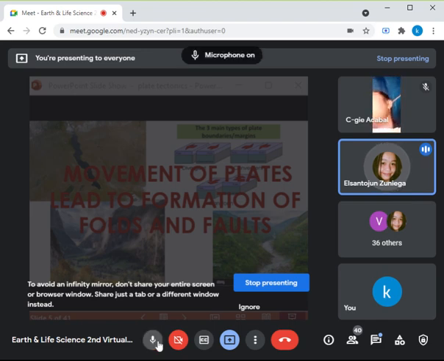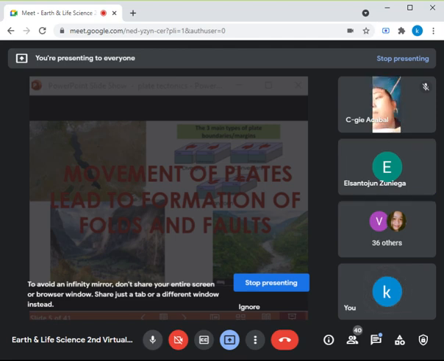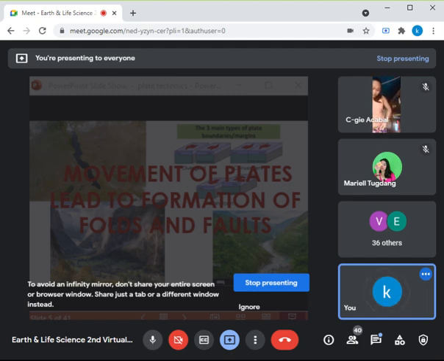Yes, kindly read our topic. Okay, so our topic this afternoon is about the movement of plates leading to the formation of folds and faults.